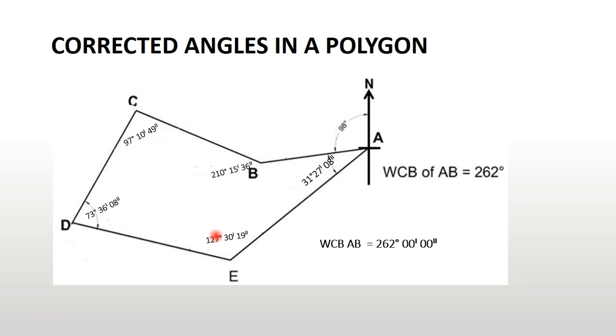Since we have already been given the whole circle bearing for AB, which is 262 degrees, we are therefore going to concentrate on the whole circle bearings for the traverse legs BC, CD, DE, and EA.